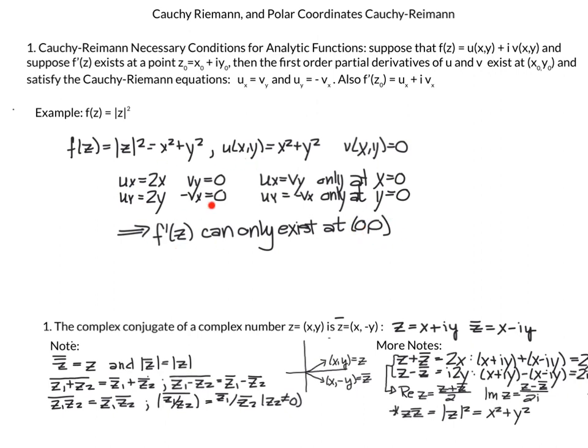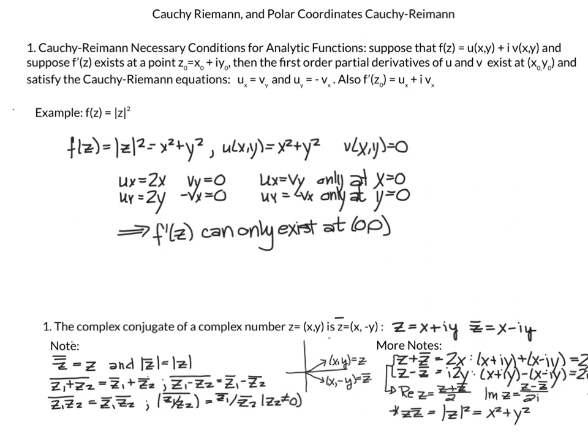And remember, the fact that it satisfies the Cauchy-Riemann conditions is not sufficient to say it's analytic and the derivative exists. But if f prime of z does exist, it's only going to exist at 0, 0. That's what I mean by can only exist at 0, 0.